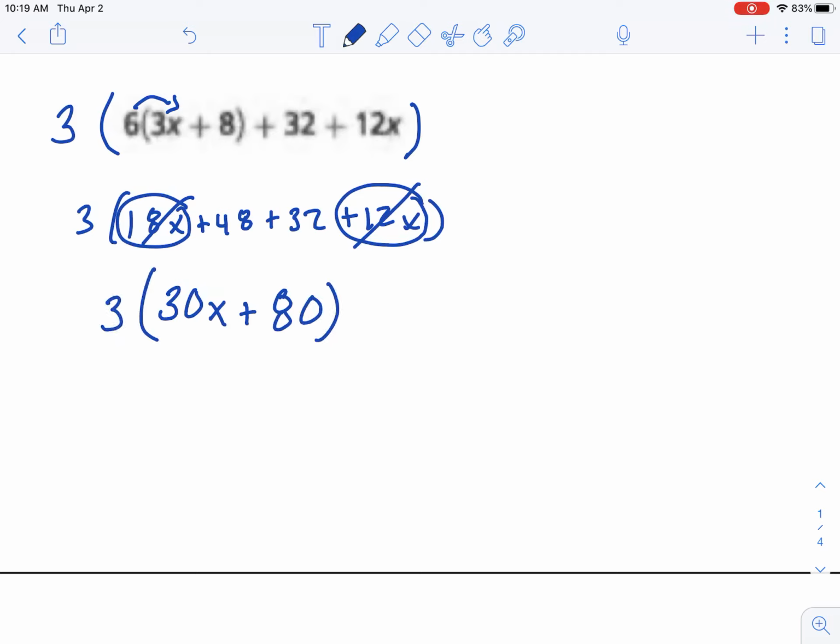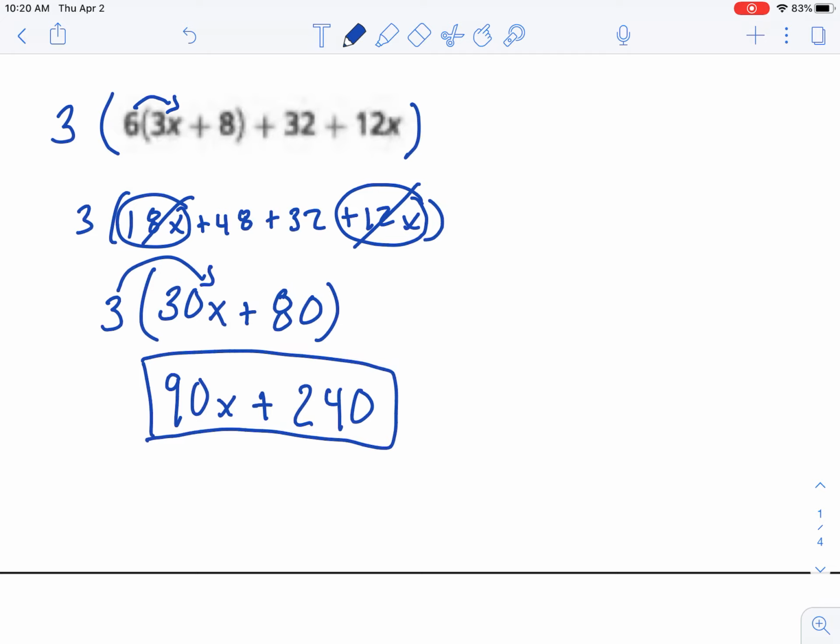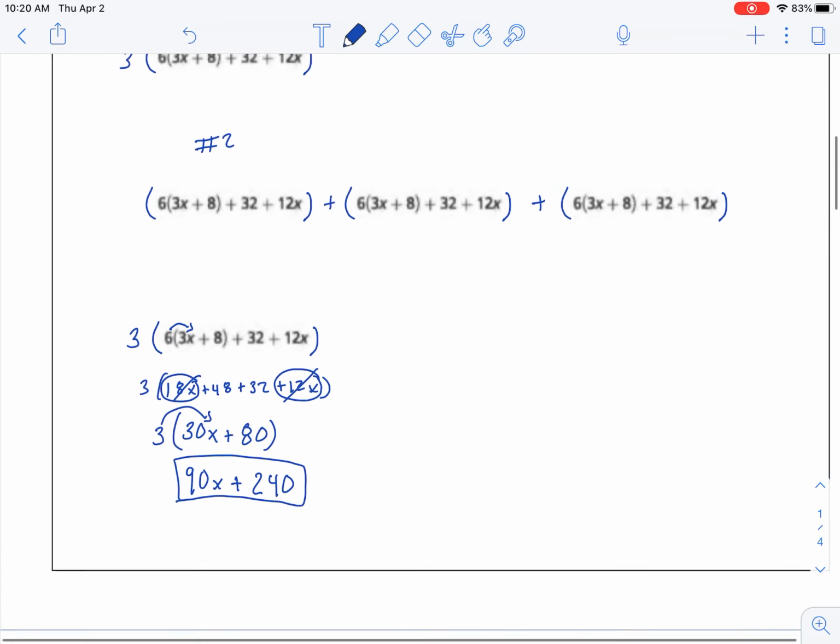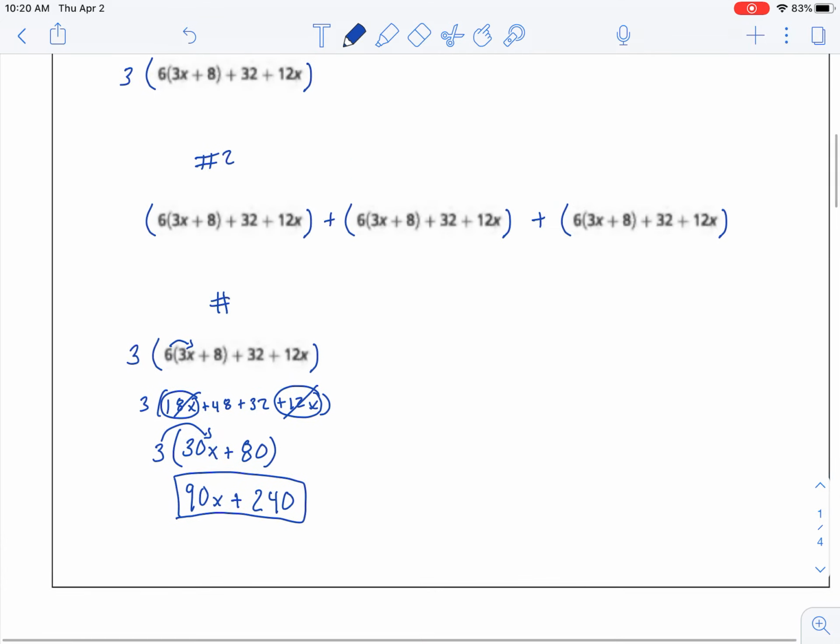Don't forget the 3 outside. Use the distributive property. 3 times 30x gives me 90x plus 3 times 80 gives me 240. And this is the third way I wrote it out.